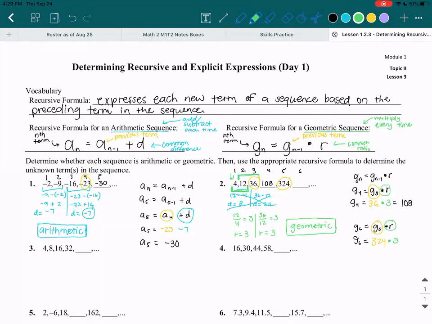Let me just circle those. Okay, how do we know it's a common ratio? 3 right there. So we have 324 times 3, and we get 972. So you can fill it in the blank space over there.